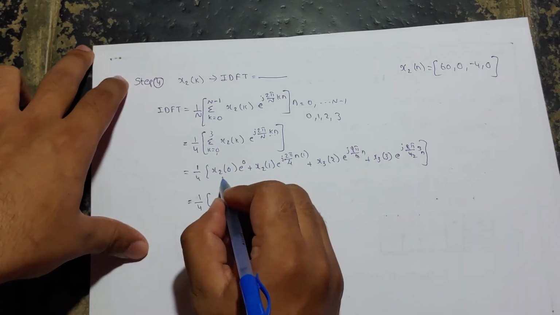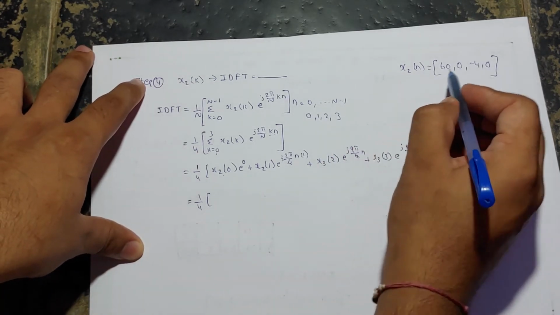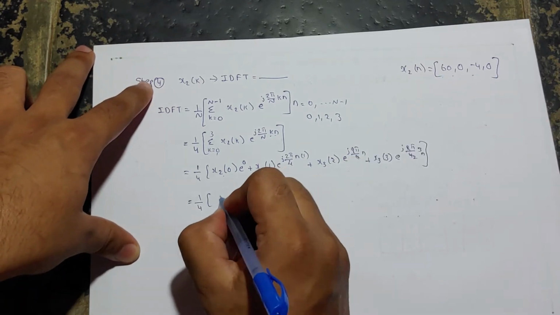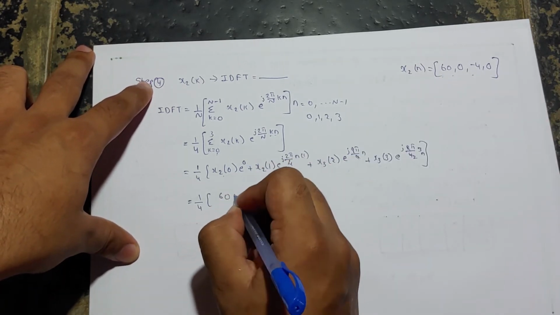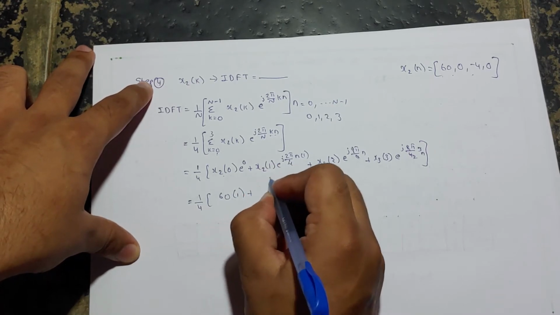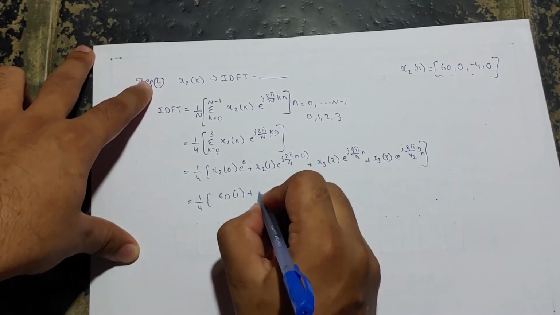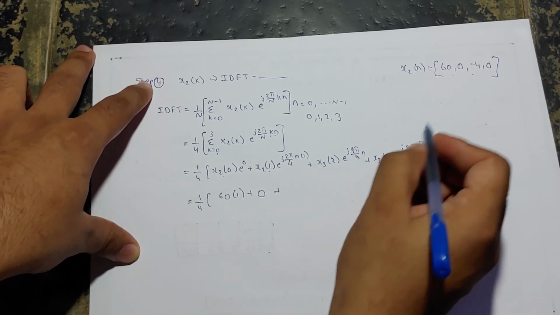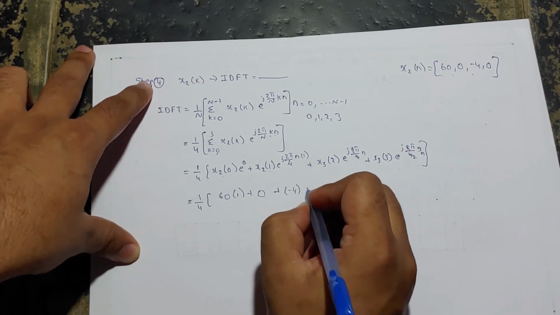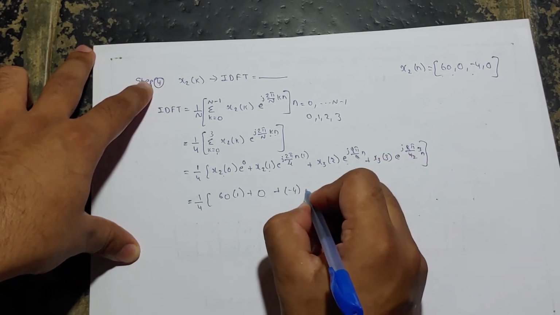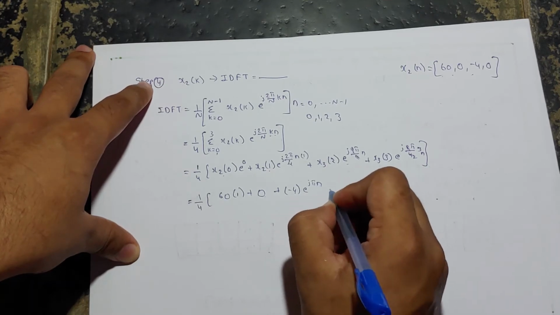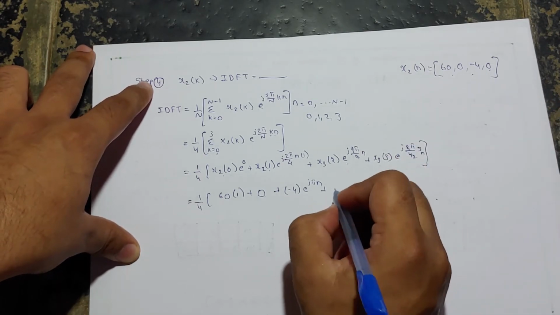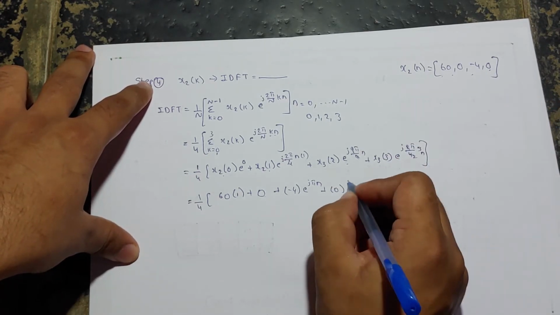Now we have to apply the values of x2, where x2 is equal to 60, 0, minus 4 and 0. Let us put them in. 60 times e power of 0, which is 1, plus x2 of 1, which is 0, and 0 multiplied by anything results in 0, plus x2 of 2, which is minus 4, times e power of j pi n, plus x2 of 3, which is 0, and 0 multiplied with anything results in 0.